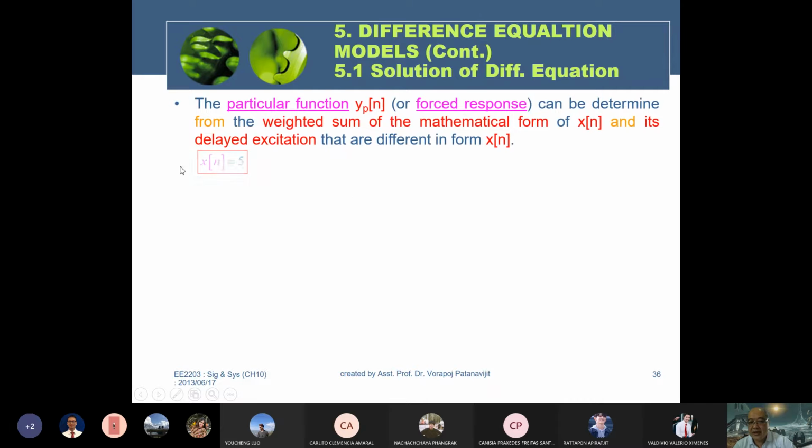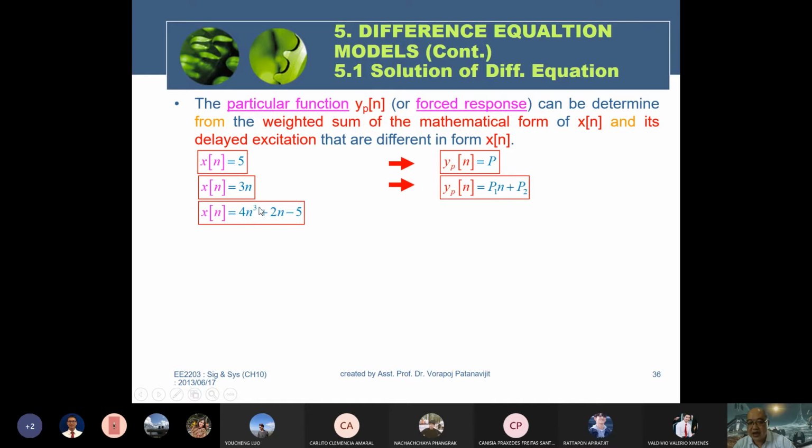Such as, if x[n] equals 5 constantly, y[n] equals a constant. Five is constant for all n, so even though you shift them, it is still the same. For 3n, it is equal to a term in 3n plus a constant.